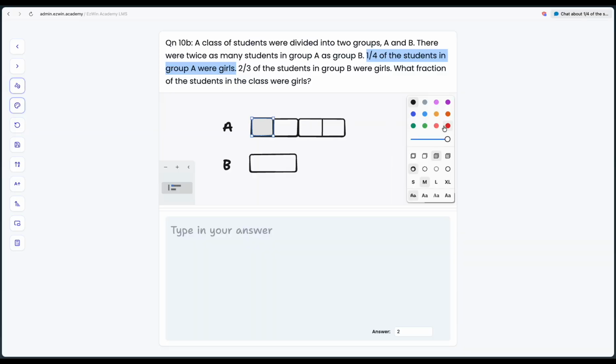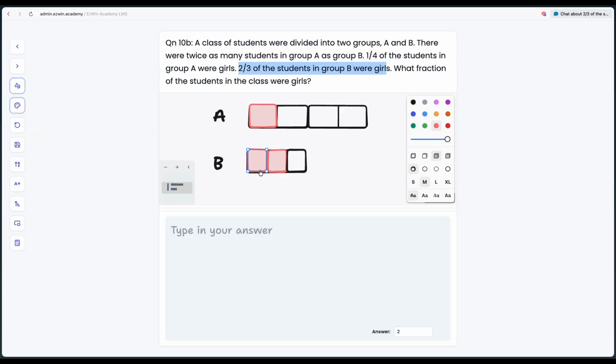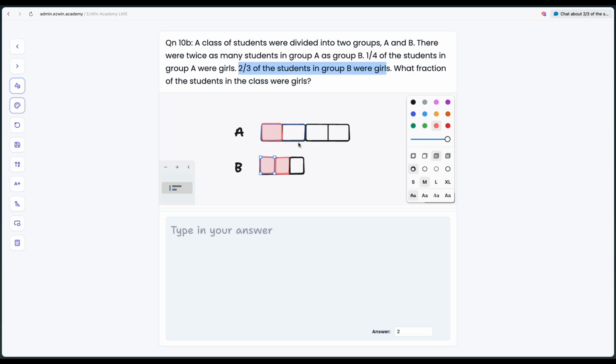So girls may be pink. Right, and then 2/3 of the students in group B were girls. So that means we have to split this into 3. So we have 1, we have 2, and then we got one more, which is just an empty thing over here, right? So you could see that this is how it looks like.